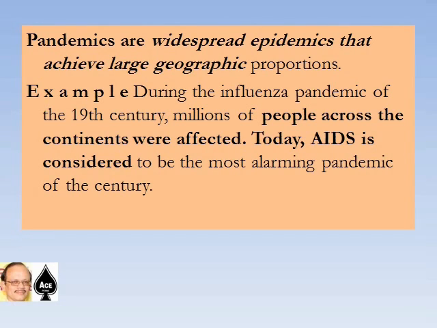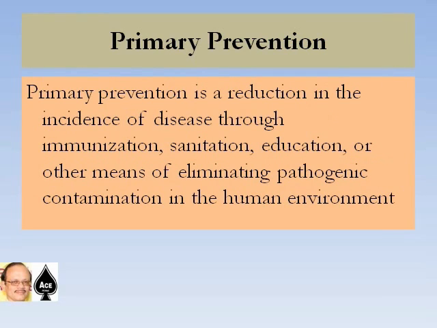Pandemics are widespread epidemics that achieve larger geographic proportion. Example, during the influenza pandemic of the 19th century, millions of people across the continents were affected. Today, AIDS is considered to be the most alarming pandemic of the century.